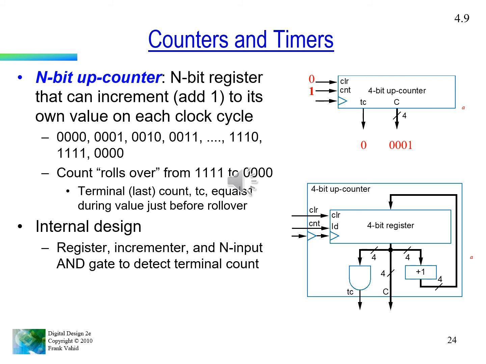For this we have a 4-bit register, an incrementer and an AND gate. The AND gate checks the terminal count: when all 4 inputs become 1, which means we have reached 15, the terminal count value becomes 1 for just one clock cycle.